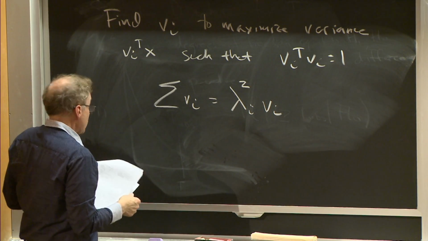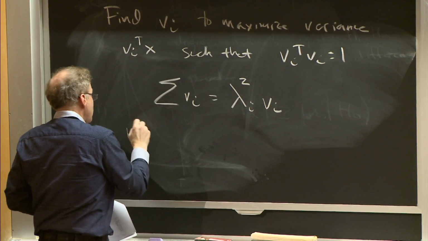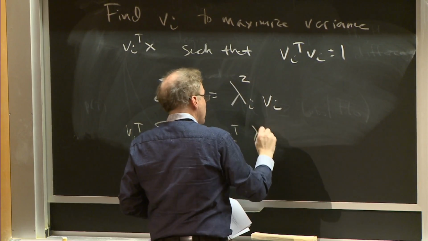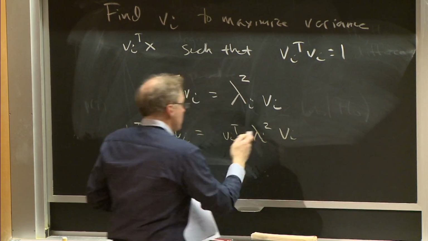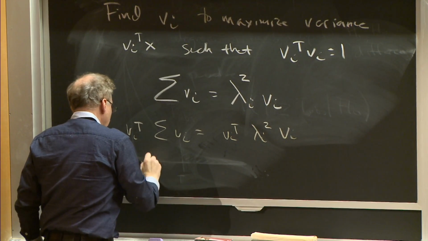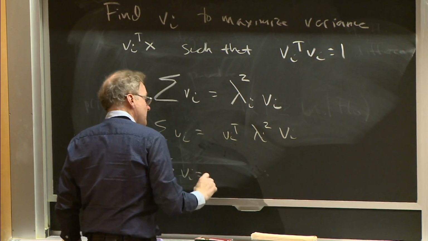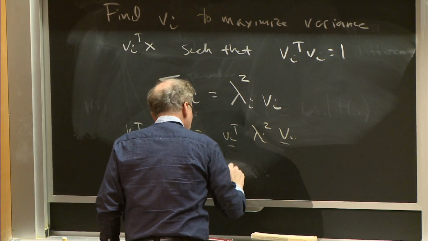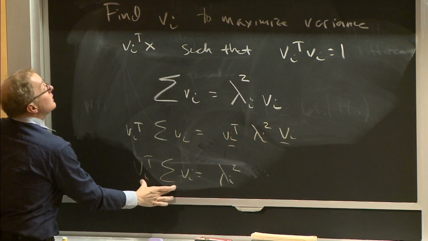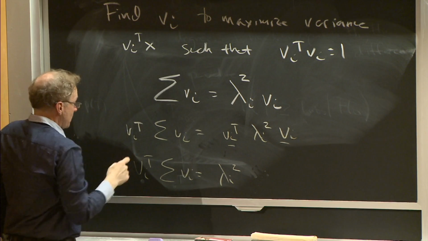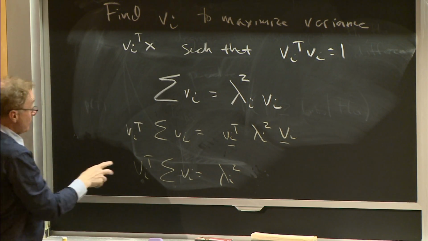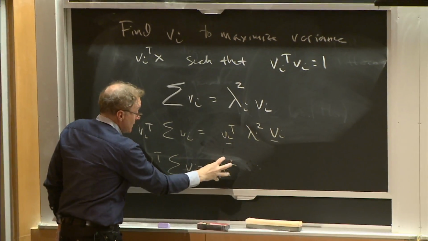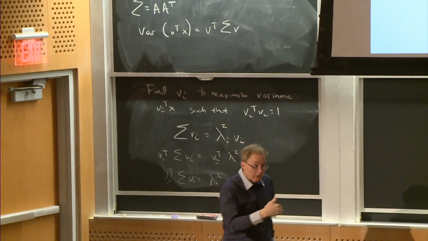And with a little manipulation, if we multiply both sides by V_i transpose, V_i transpose sigma V_i is equal to, these two guys multiplied together equal 1, lambda_i squared. This, we see up above, is equal to the variance when it's projected in the direction of V. And so lambda_i squared is simply the variance associated with that direction.